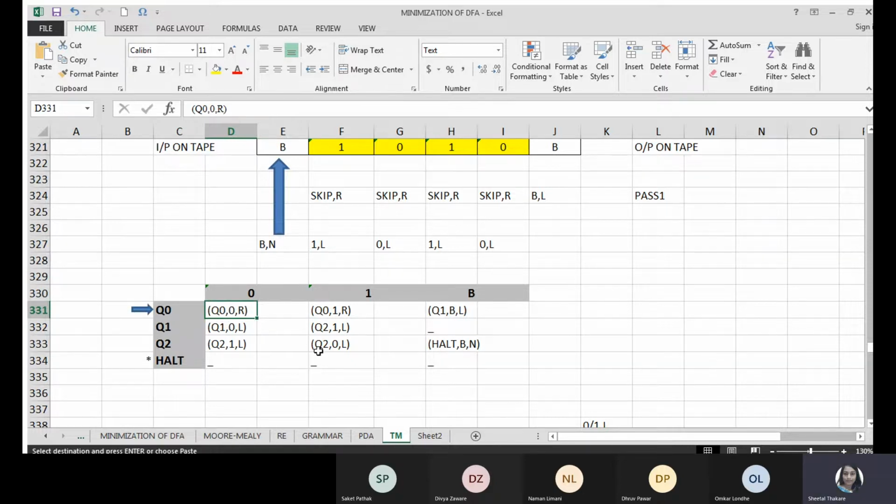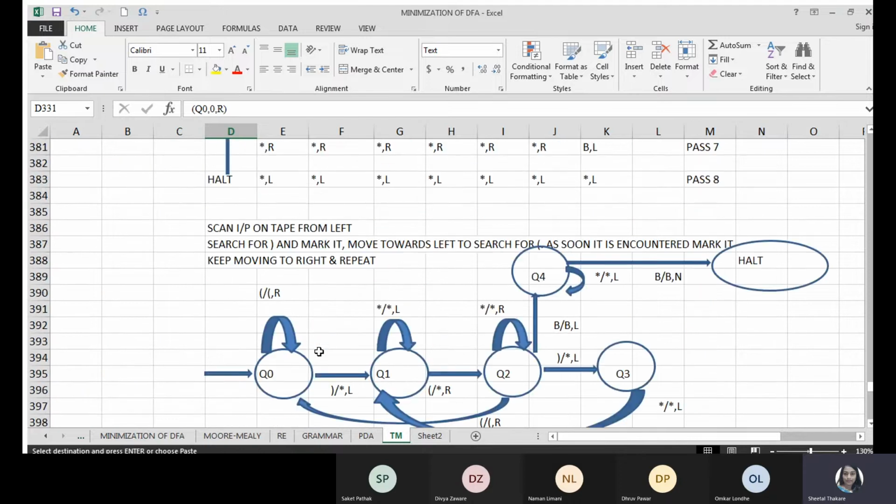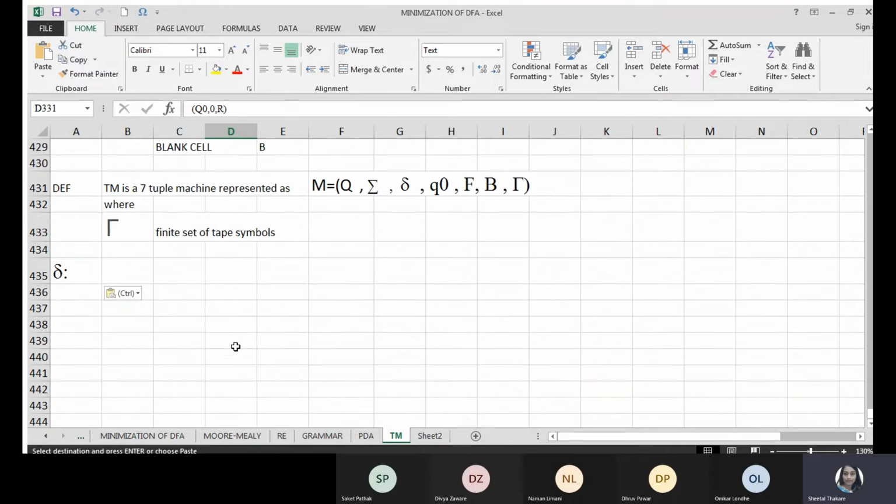So this is what your transition function for Turing machine is defining.